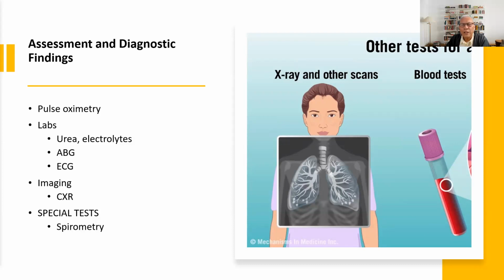The other thing are your laboratories that might be ordered for patients who are having an asthmatic attack, and they might include your urea and electrolytes in order to monitor your kidney function, particularly if the patient is going to be given a lot of medications, such as salbutamol, for example.